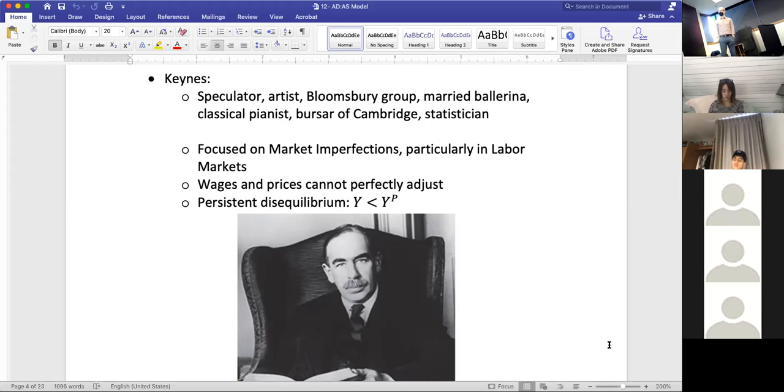So Keynes focused on market imperfections, both in psychology, but also particularly in labor markets, and why labor markets sometimes don't work well. As a result, prices and wages don't adjust, and what we can get is persistent disequilibrium. In other words, output that's below the natural rate, that should be YNR. Output that is below the natural rate.